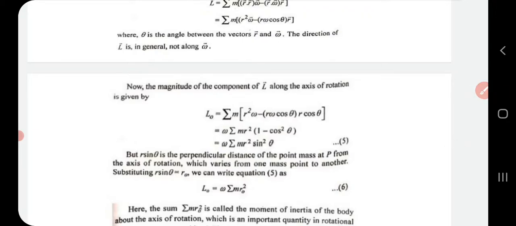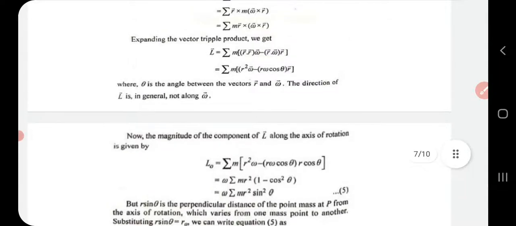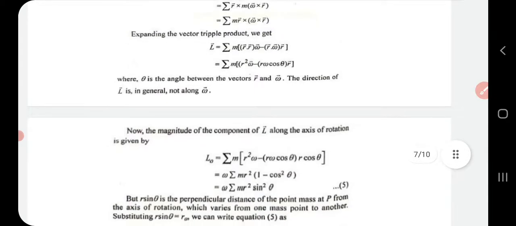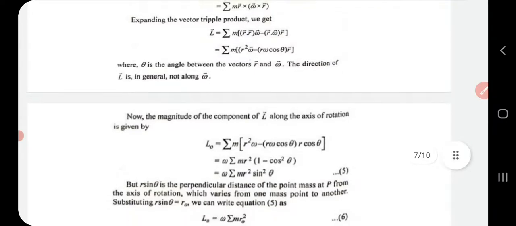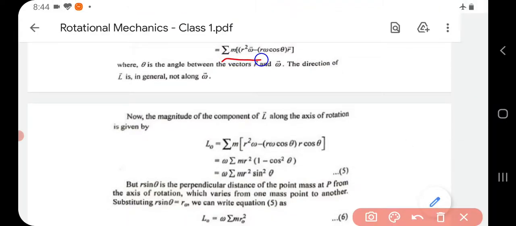So that will be the expression for the angular momentum of the whole rigid body, denoted by capital letter L. Now if you want to find the component of that L along the axis of rotation, what you have to do, this formula is written as such. The only thing is that this vector r, they have replaced it with r cos theta. Why? Because we are considering the magnitude of capital letter L, that is angular momentum along the axis of rotation.